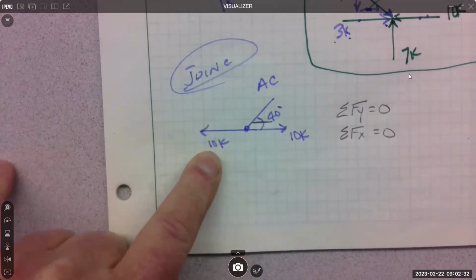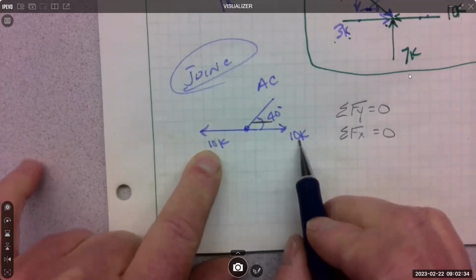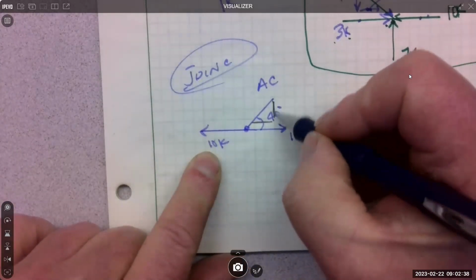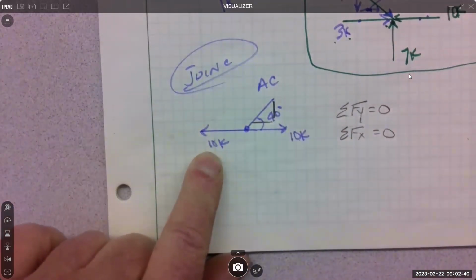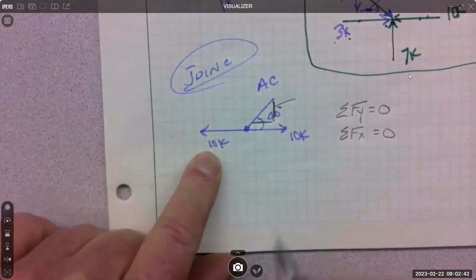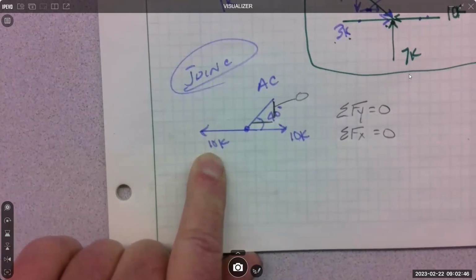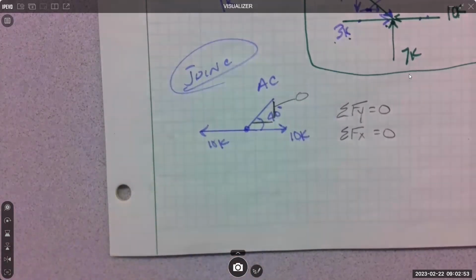Got to be 0, because these two already equal 0. If this is the only force in the Y, what's that got to be equal to? 0. But if you can't have an X, you can't have a Y. Exactly. Right. If one of the components is equal to 0, you can't have another component and you can't have a force.